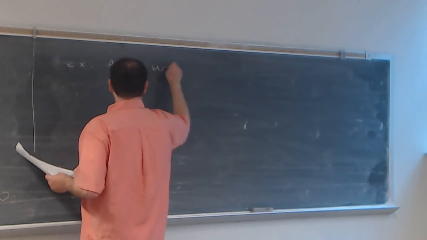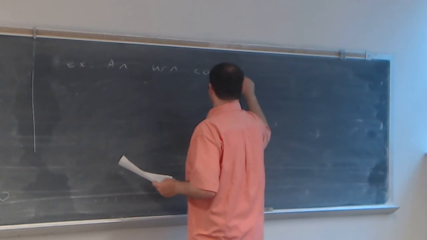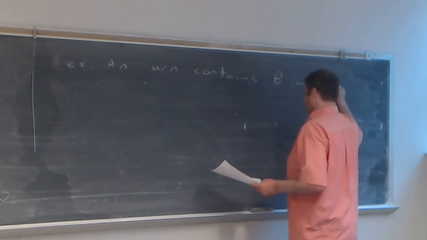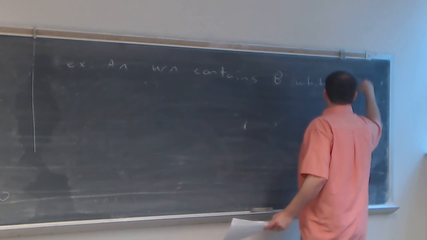So an urn contains 8 white balls and 3 red balls.